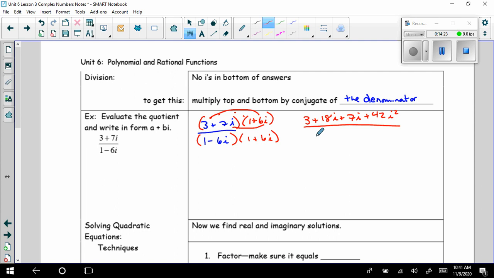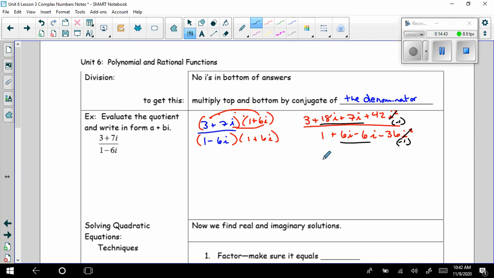Over down here, I do 1 plus 6i minus 6i, and you can kind of skip that part if you want. Then minus 36i squared. All of your i squareds then should be replaced with negative 1, and any like terms should be combined.